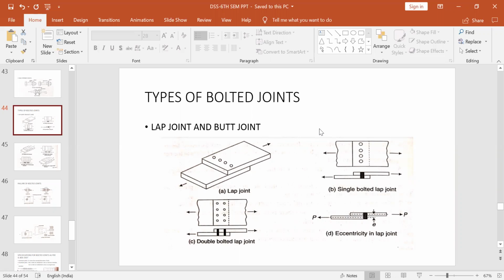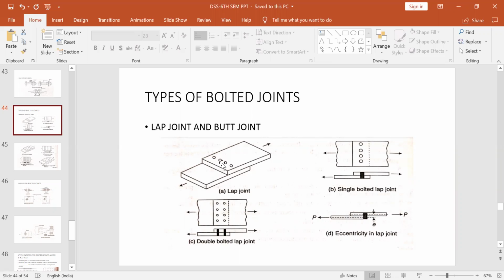In bolted joints, primarily we have two types of joint, lap joint and butt joint. Now see, this is an example of a lap joint. The two members that are to be connected are overlapped and connected together.